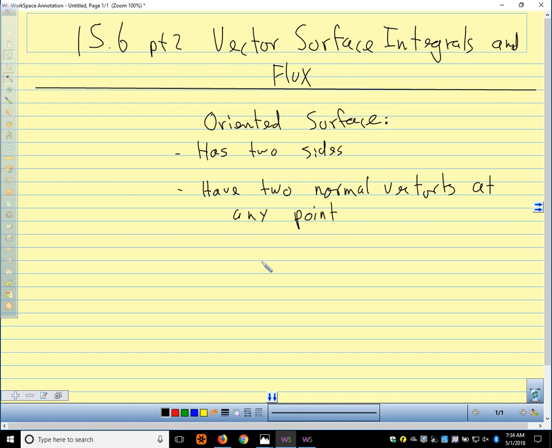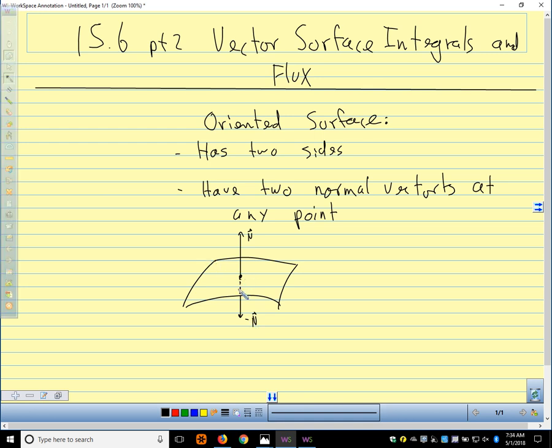Our standard surface, at this point, has an upward normal vector, n, and a downward normal vector, and this would be negative n. So we have two normal vectors at that particular point.